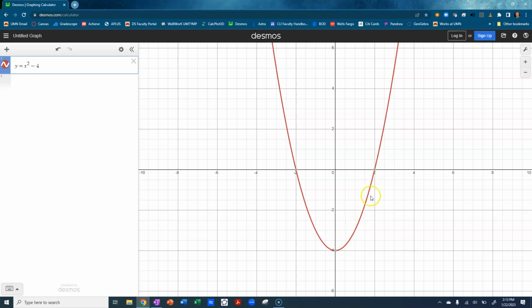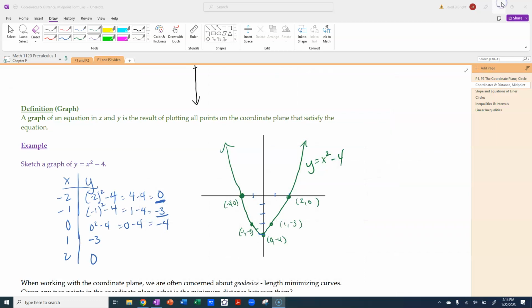So you can see we get our point, and if you click and kind of hold along here, you can see the values pop up. So that's 1, -3, 0, -4, 1, -1, and it's going to be a little hard to locate. But all the points that we produced on the graph there are on here as well.